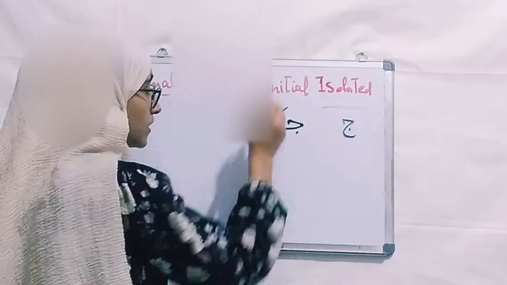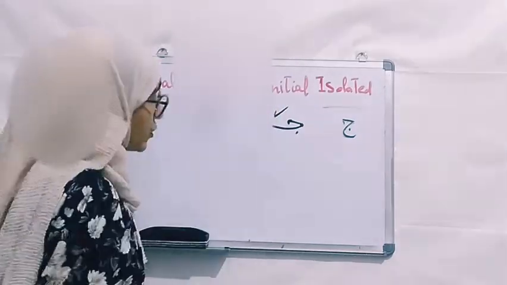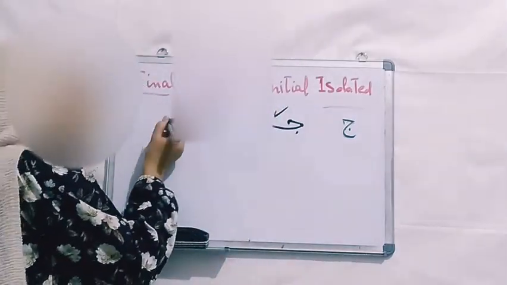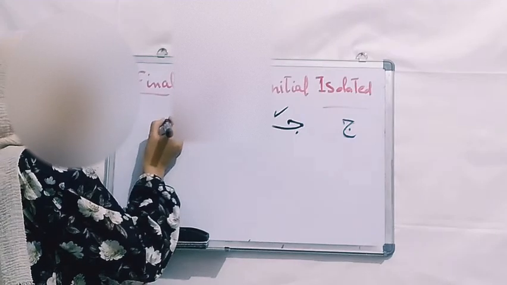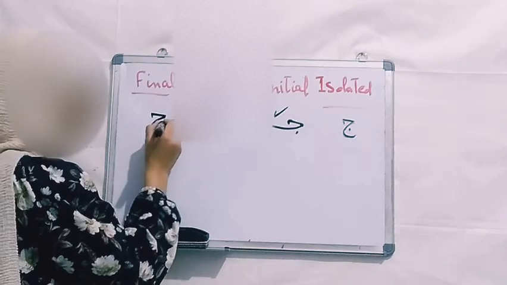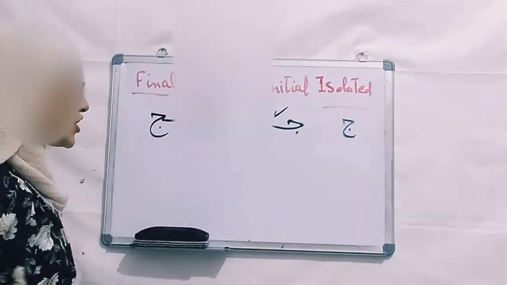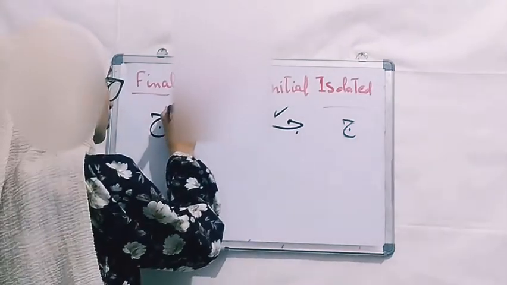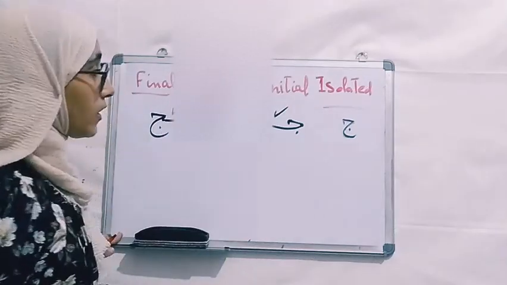And in the final form, as we said, we have the connecting line, then I write my jim as the isolated form, okay? Jim, because it needs to be connected before.